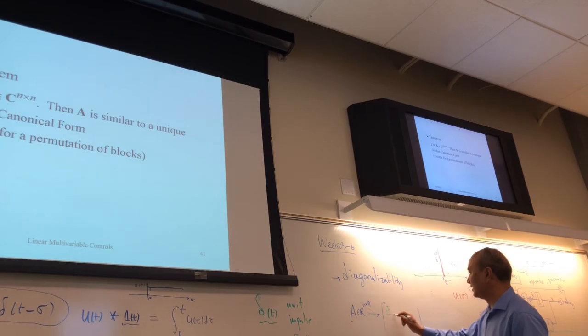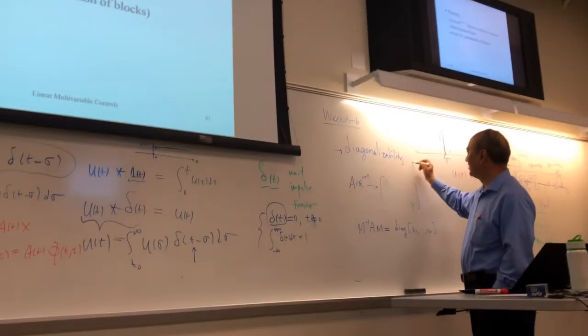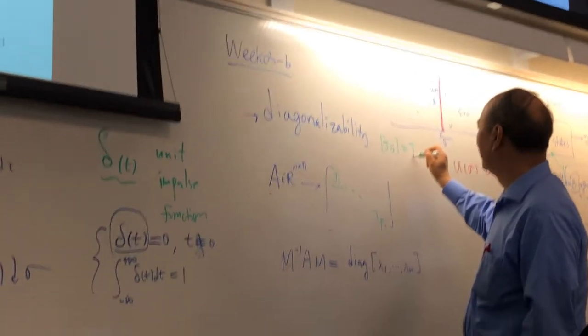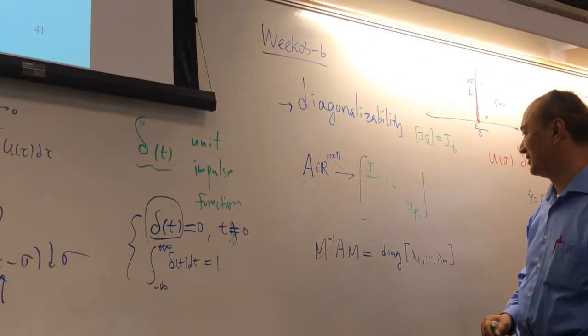For each of these, Ji, you have another block diagonal of Jij.